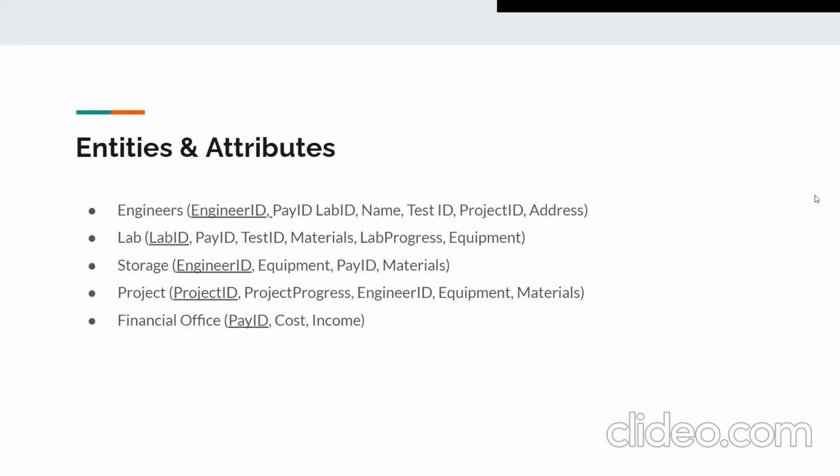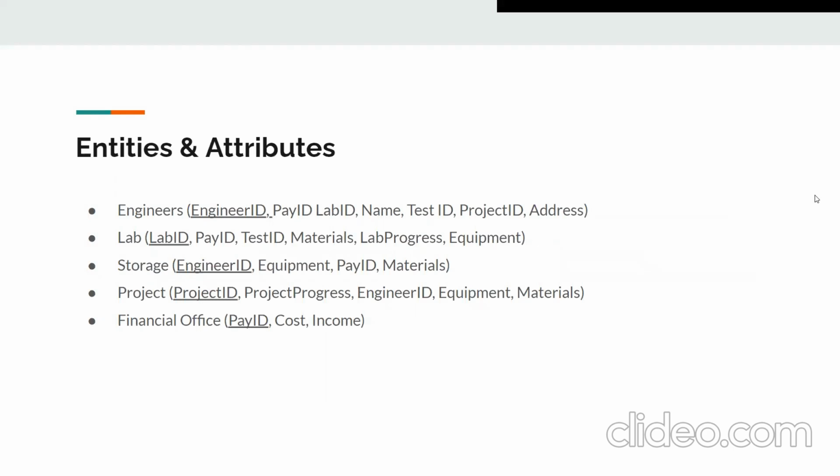So the entities and attributes here are basically 5 entities, which are engineers, lab, storage, project, and financial office, and each entity will have its own attributes. Here the engineer ID is the primary key for engineers. Lab ID is the primary key for lab.